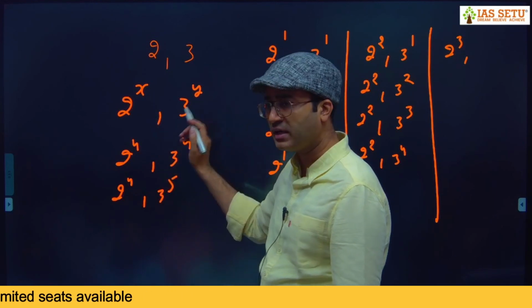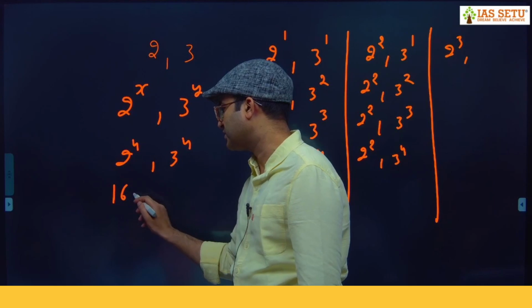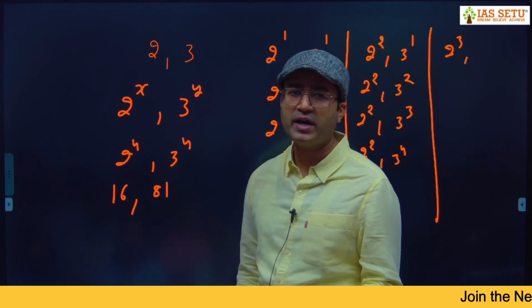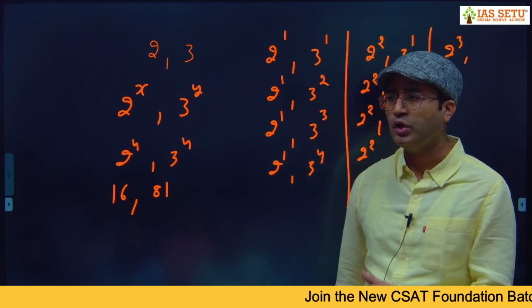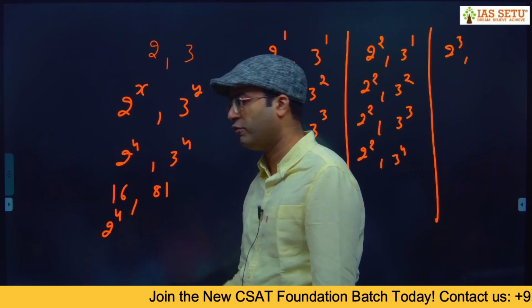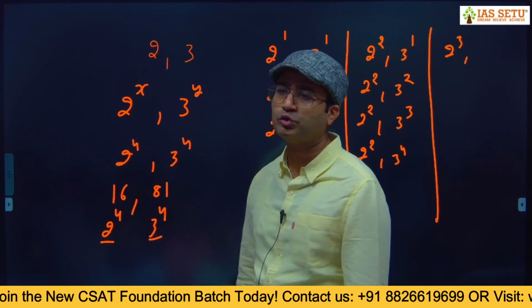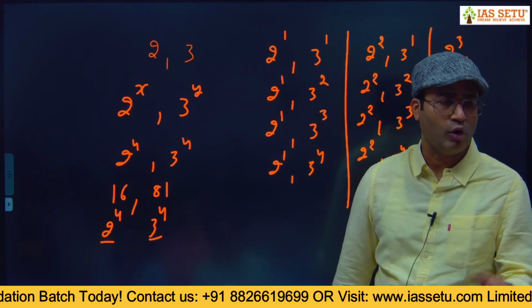What is 2 to the power 4? 16. What is 3 to the power 4? 81. If I ask whether 16 and 81 are co-prime, yes or no, you check the basic unit of 16, it is 2 to the power 4. And 81 is 3 to the power 4. So you can say 2 and 3 are co-prime, so 2 to the power 4 and 3 to the power 4 also have to be co-prime.